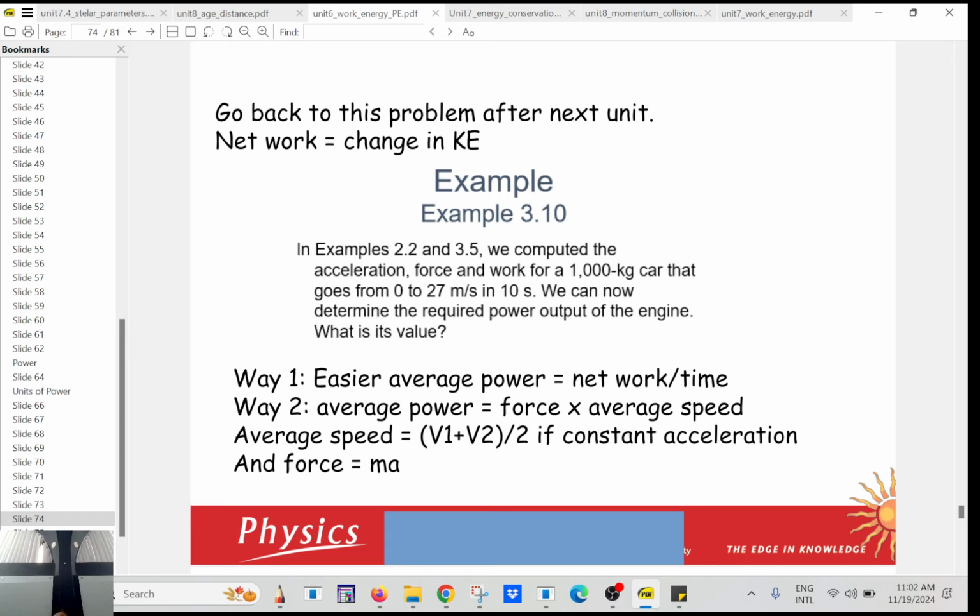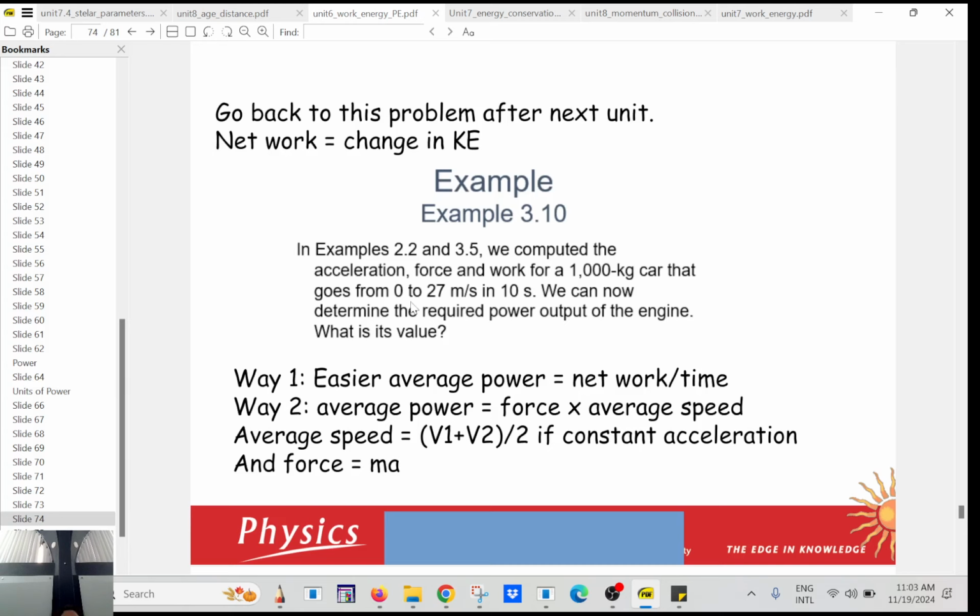And remember, what does the work-kinetic energy theorem say? The net work is equal to the kinetic energy that was lost, or gained, yeah, the final kinetic energy minus the initial kinetic energy. Exactly. So by definition, the net work is the change in kinetic energy, gained or lost.